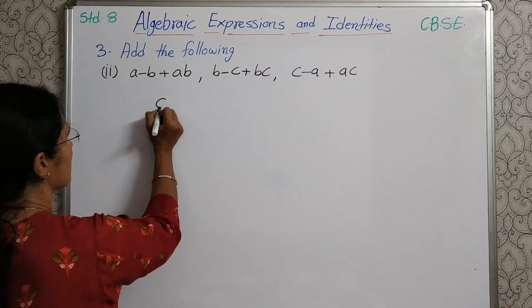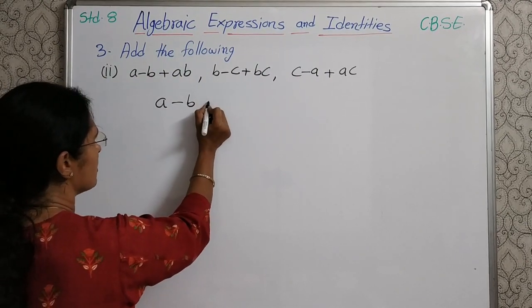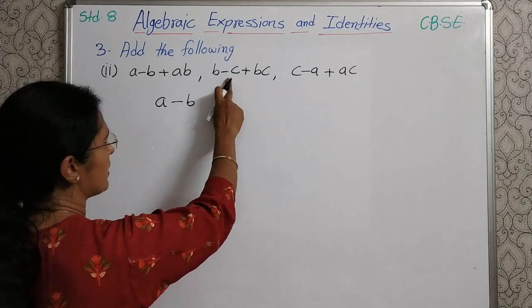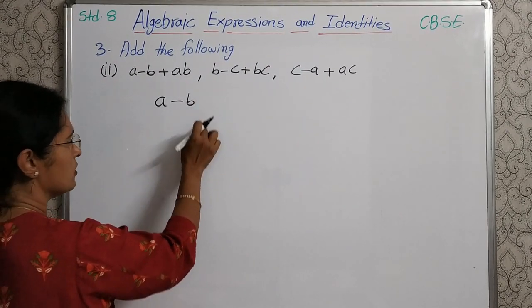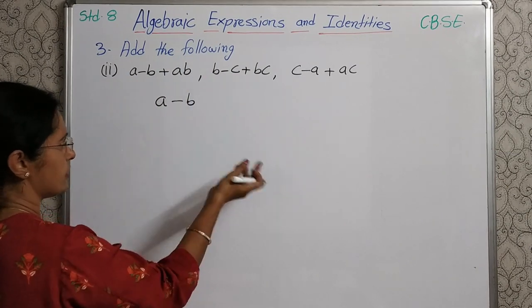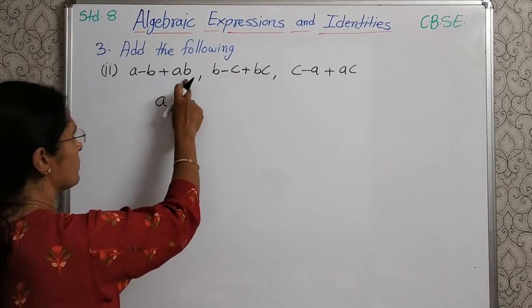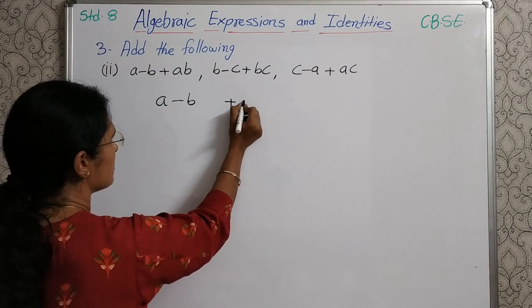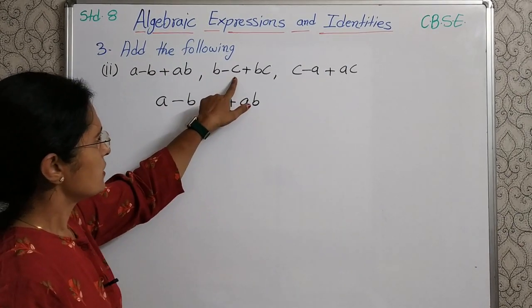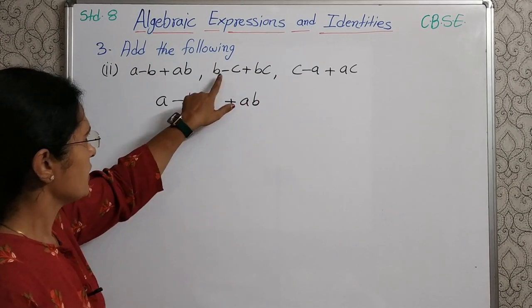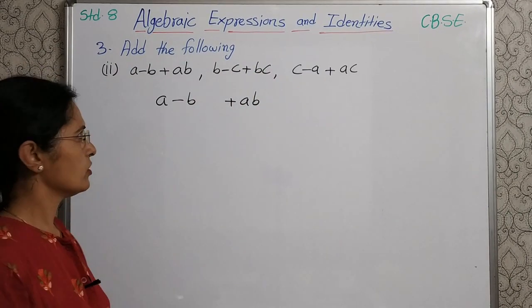First expression, A minus B plus AB. But see here, minus C is also there. So we'll leave the space for C to write below this in the second and third expression. So plus AB we write here. Next, B minus C plus BC. The second expression, now we'll write it in the second row.